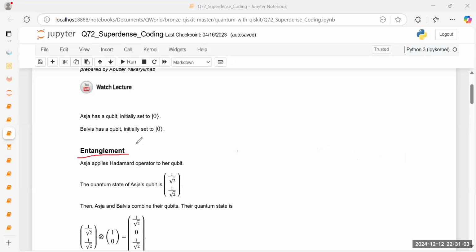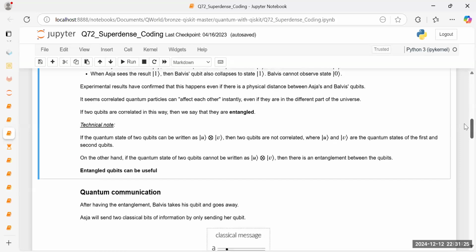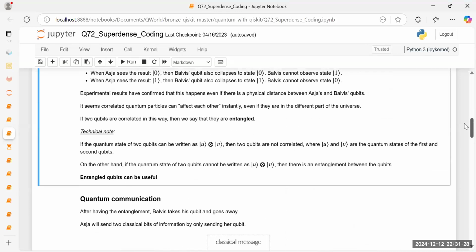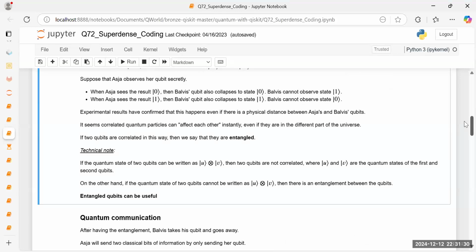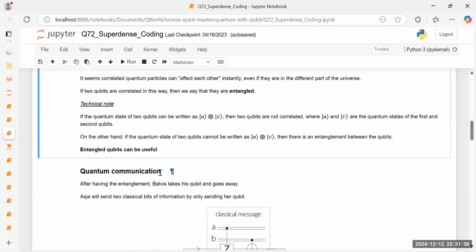So that's entanglement. It just behaves in some spooky way, and lots of theories have been presented to describe entanglement, but it's just this weird behavior that you're seeing here. We're going to look at a couple of circuits that will utilize entanglement.